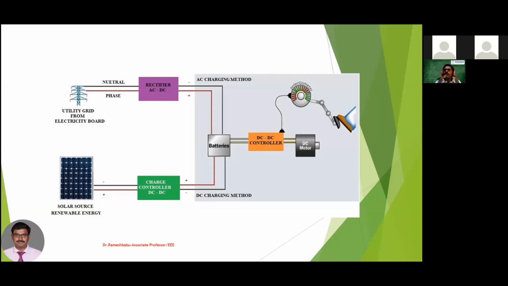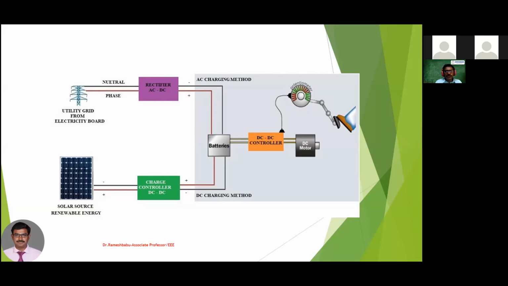Okay. So how is the battery going to be charged? Here I have shown two ways to charge. One is grid charging, EB charging. The EB supply is AC supply, which is converted to DC with the help of a rectifier, and it is charged to the battery. This is grid charging or EB charging, right? Or you can also do it through renewable sources like solar.